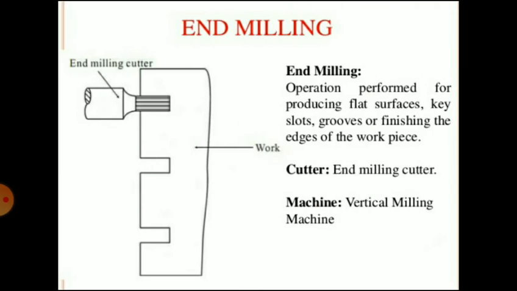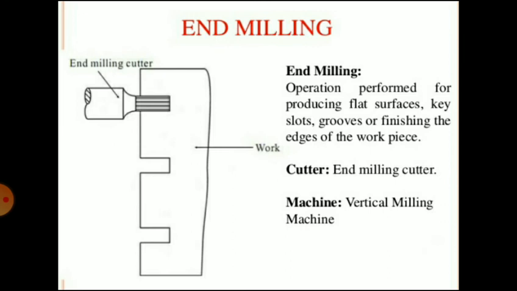Then end milling. End mill cutters are used. These cutters have cutting teeth on the end as well as on the periphery. They are employed for making deep grooves in a base part, profile faces, steps, particular planes, etc. These cutters are used on a vertical milling machine.